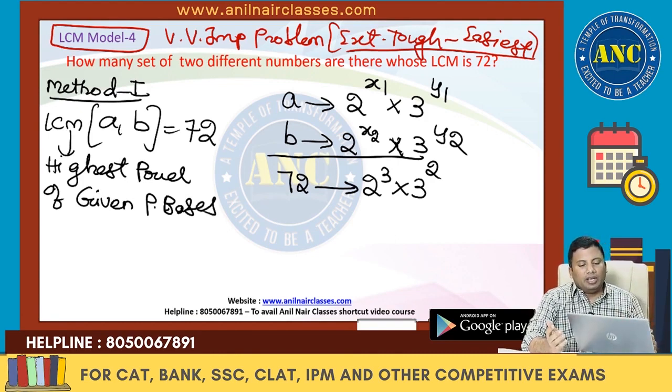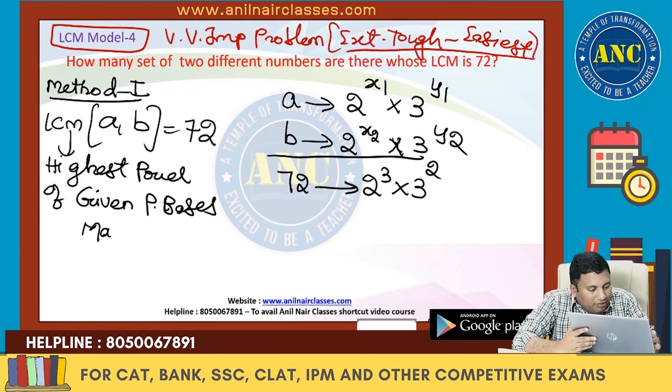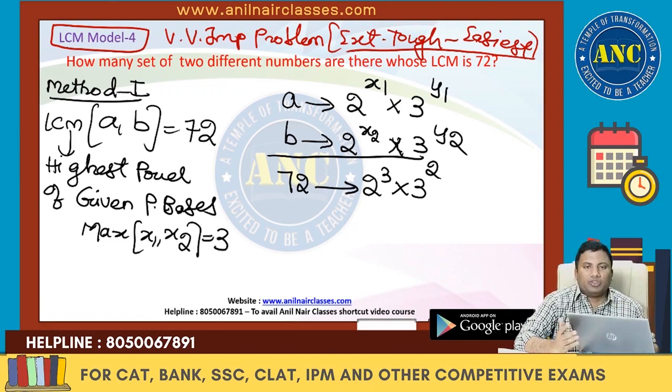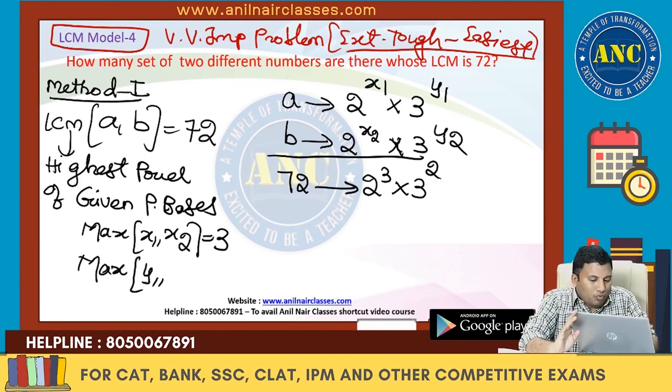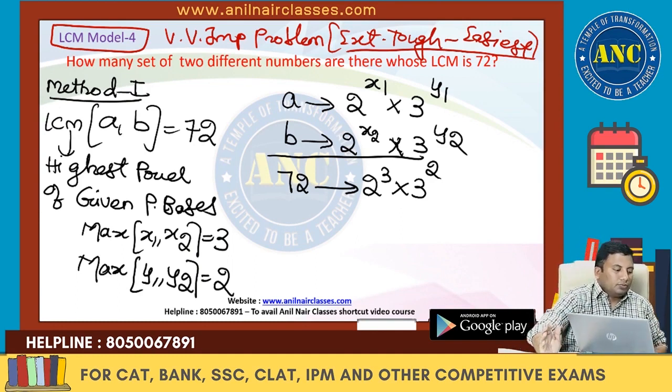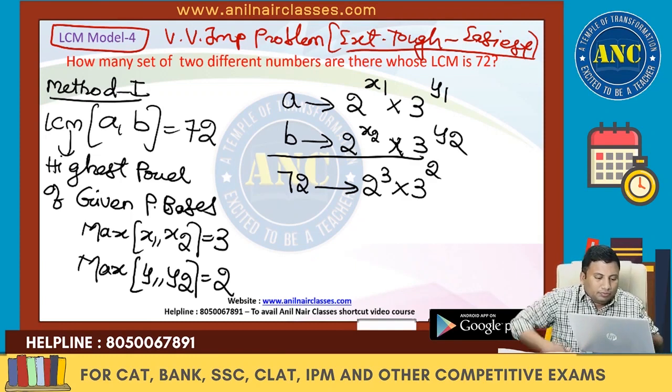So the maximum of x1 and x2 has to be 3, because LCM takes the highest power of the prime bases. The maximum of y1 and y2 has to be 2.